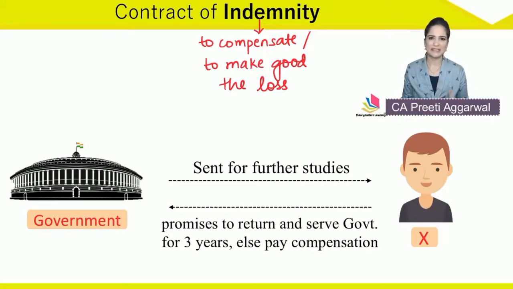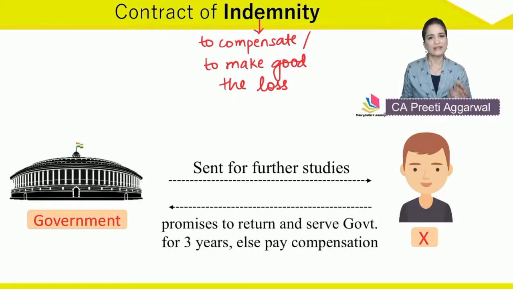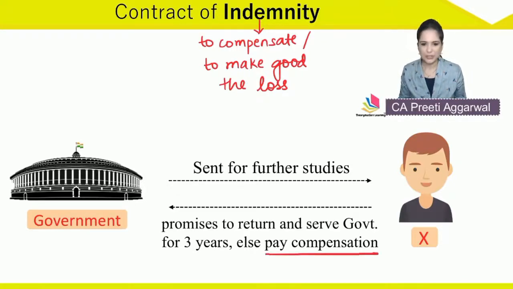Okay, I repeat the example, pay attention. Government has sent X to Cambridge University for further studies. X promises that I will return back and serve the government for 3 years. And if I don't, then I will pay compensation.